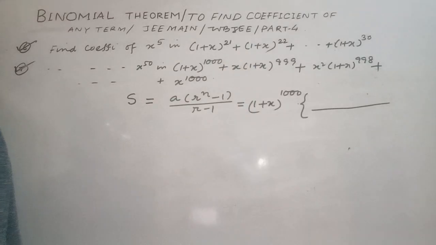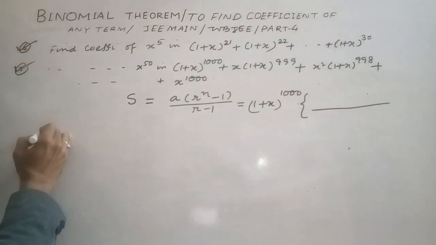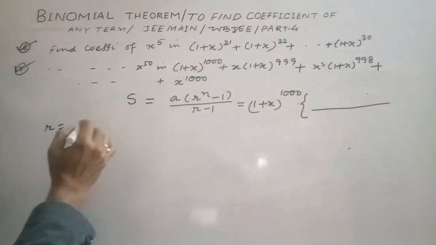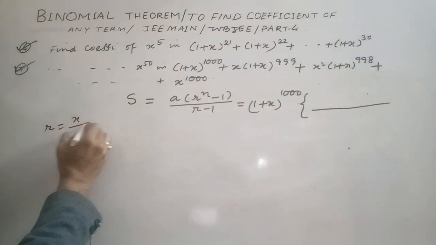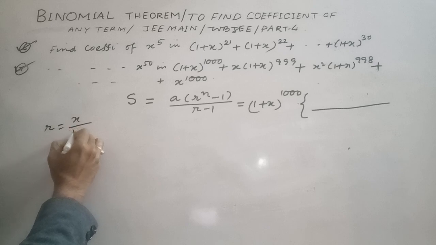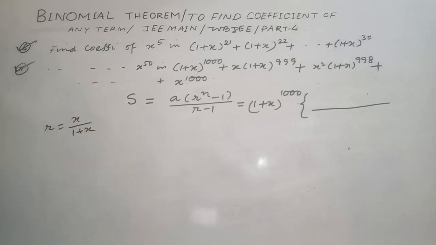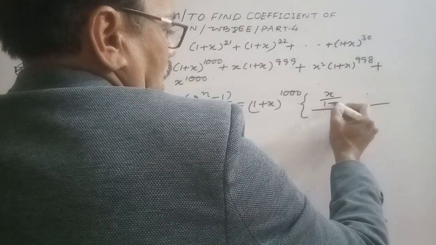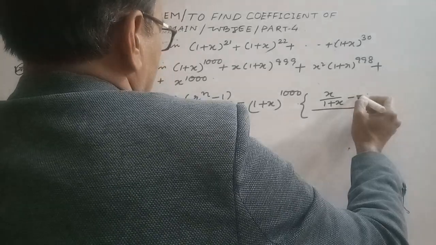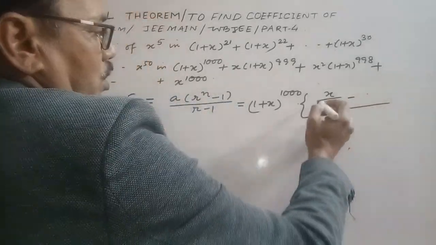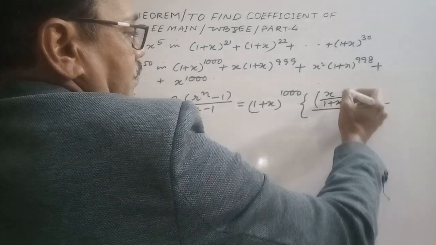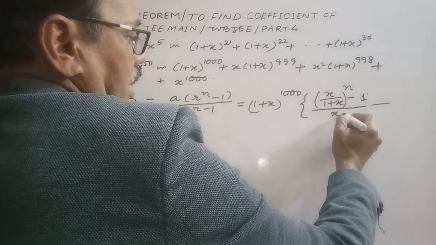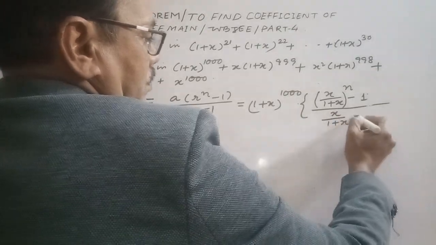So, what is r? r equals the second term by the first term, the third term by the second term. So, x by 1 plus x. So, S is A into r to the power n minus 1 by x by 1 plus x minus 1.